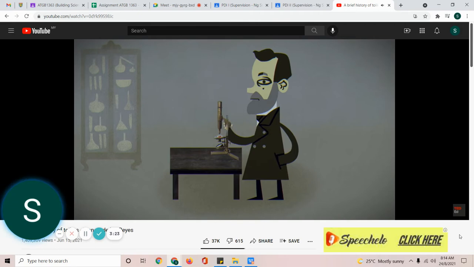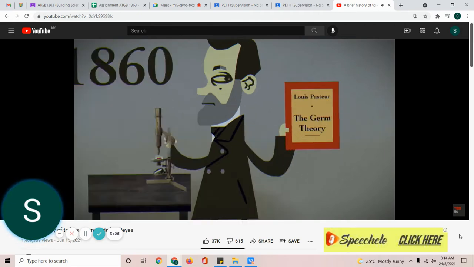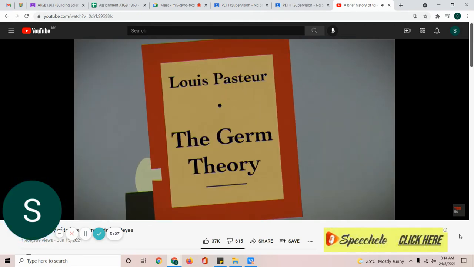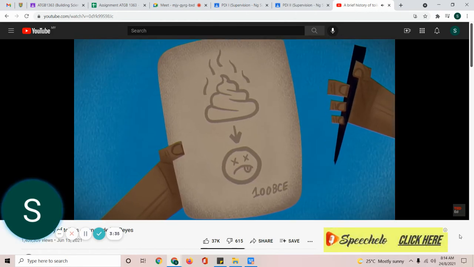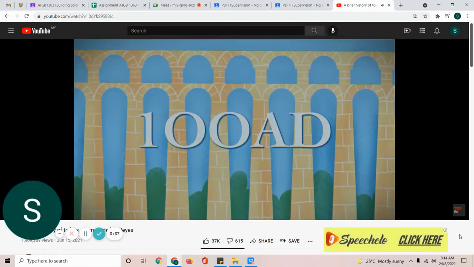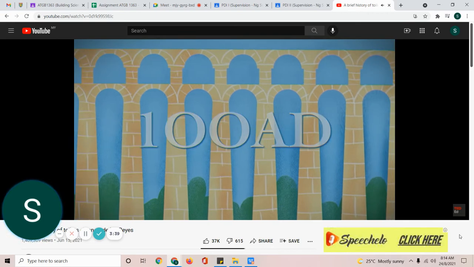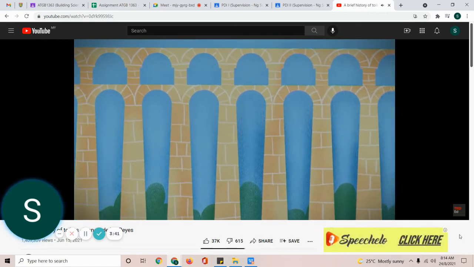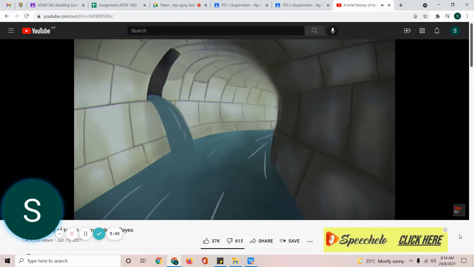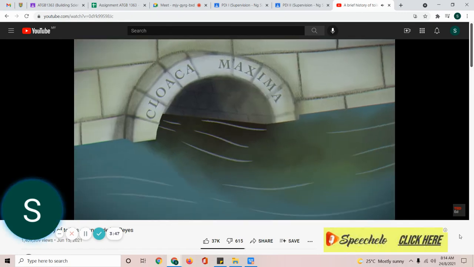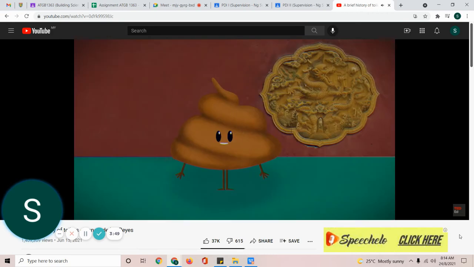It would be several millennia before scientists fully understood the relationship between sewage and sickness, but the noxious odors of sewage have recorded associations with disease as early as 100 BCE. And by 100 AD, more complex sanitation solutions were emerging. The Roman Empire had continuously flowing aqueducts dedicated to carrying waste outside city walls.